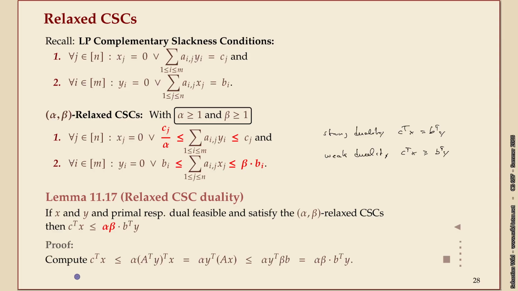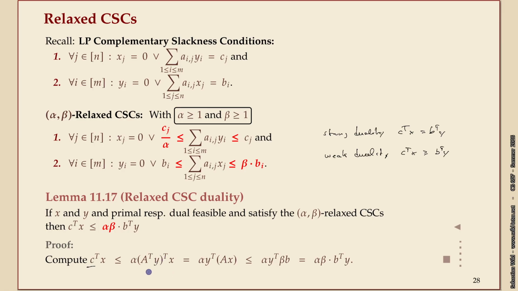The proof for this is just computing from the definitions. It's relatively boring. You take c^T x. Now you use on c your complementary slackness condition, this part. If you multiply by alpha, you get alpha A^T y for c, and the x is where it is.